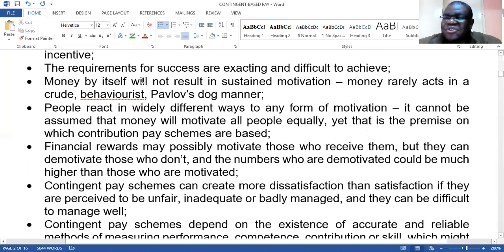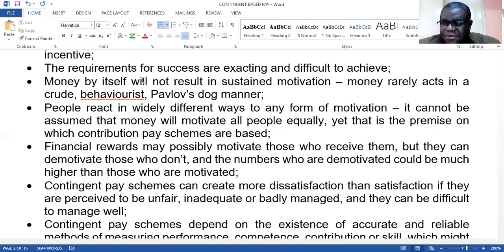We focus on rewarding and paying additional compensation in monetary terms. But there is a realization in organizations that almost always money is not the sole motivator for the behavior of employees.